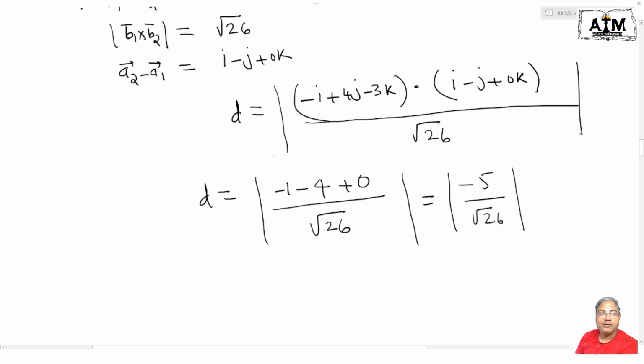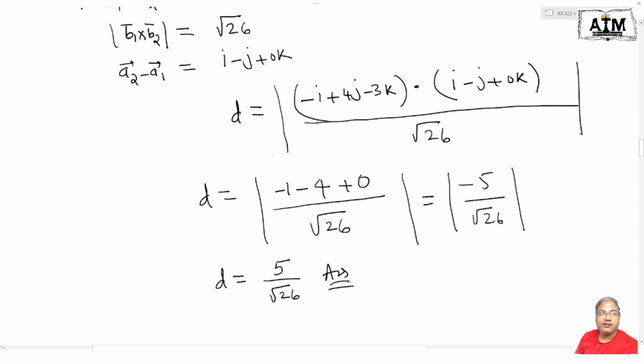Since we have taken the modulus, we only accept the positive result. The distance is always positive, so the distance between these given skew lines is 5 divided by root 26. So this is the required answer.